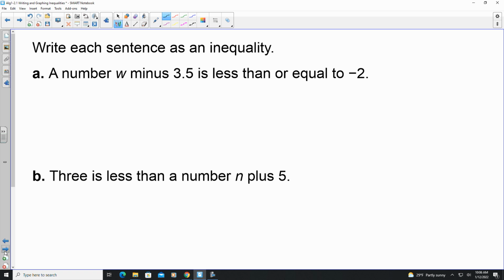So for the first one, it says a number W minus 3.5 is less than or equal to -2. Just a quick review of the different signs for inequalities. If you have this symbol, this is greater than.